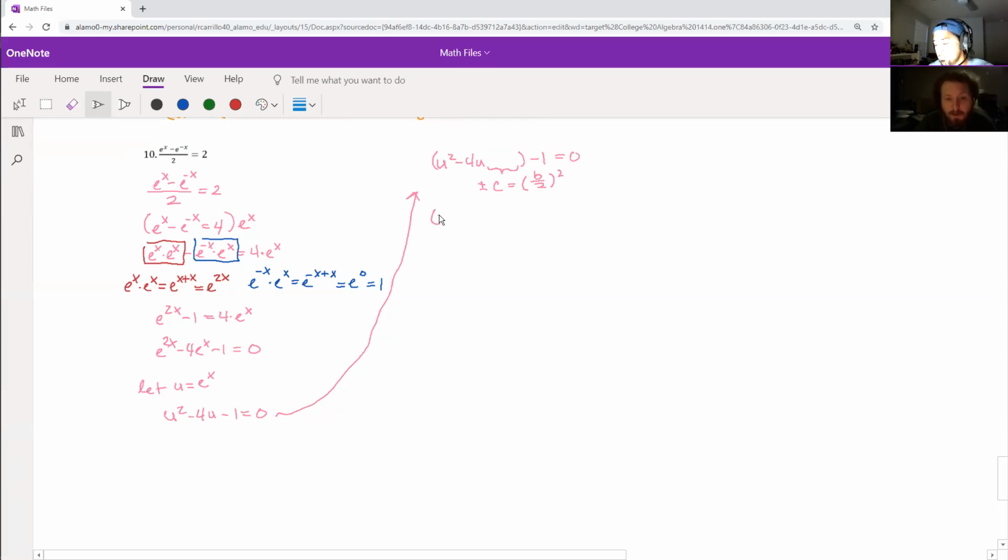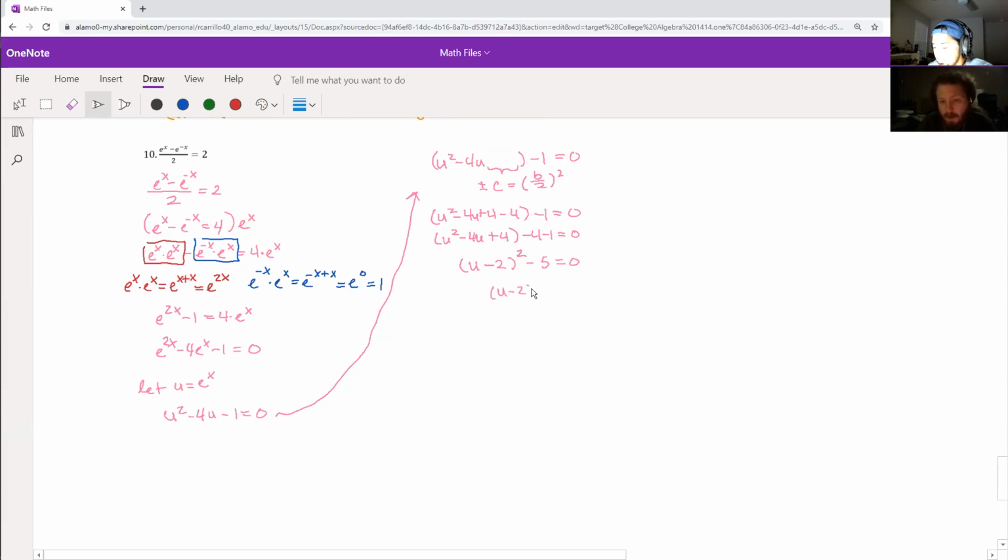So we get negative 4 divided by 2, negative 2 squared, 4, plus 4 and minus 4, minus 1 equals 0. All right, so then we get u squared minus 4u plus 4 minus 1 equals 0, wait, minus 4 there. This factors to u minus 2 squared minus 5 equals 0.